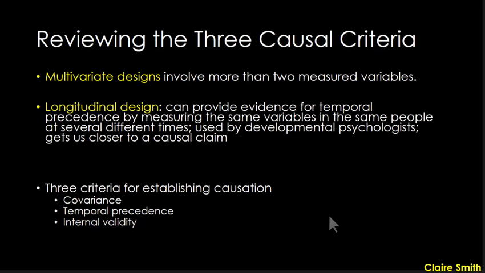So again, that third variable problem, is there something else going on that might be explaining the relationship of the first 2 variables? And multivariate designs help to get rid of any internal validity problems, but it's not going to be foolproof because, again, it's just a correlational study and you're not doing an actual experimental design. But again, we've talked about these 3 criteria.